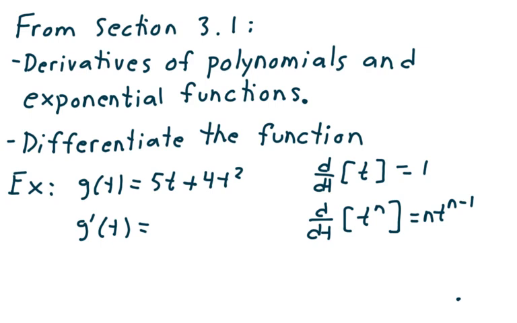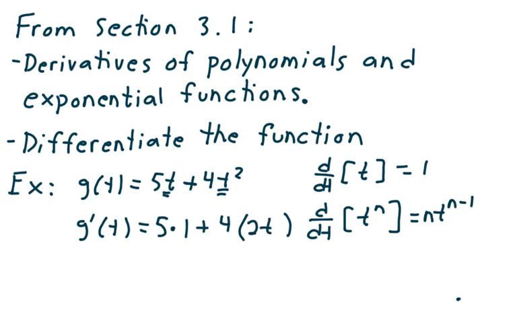Now, the derivative of t is equal to 1, as we've already indicated. So this is 5 times 1, plus 4, and then I'm going to multiply by the derivative of t squared. But by the power rule, you should come up with 2t.